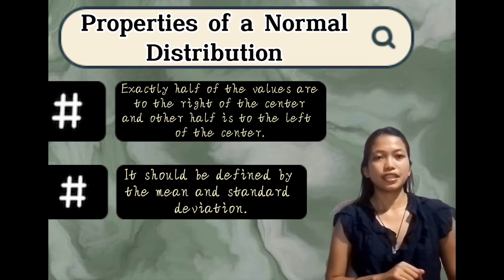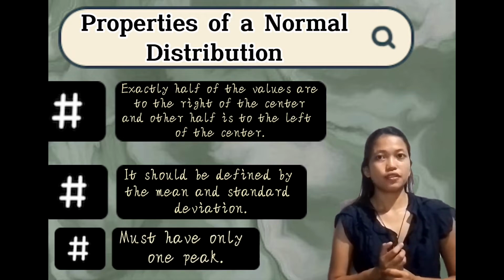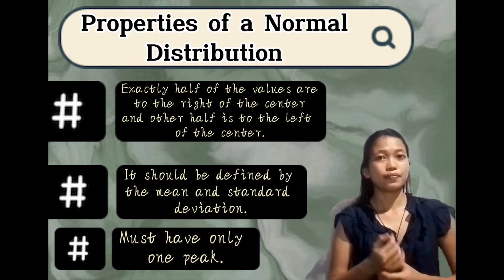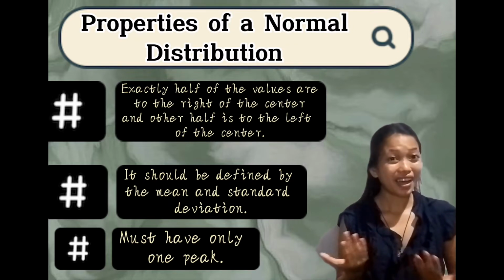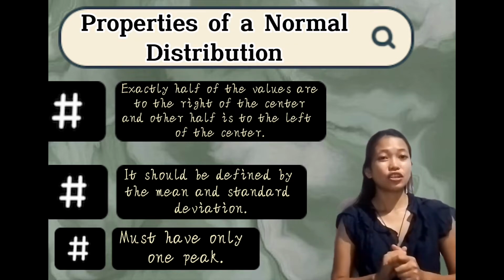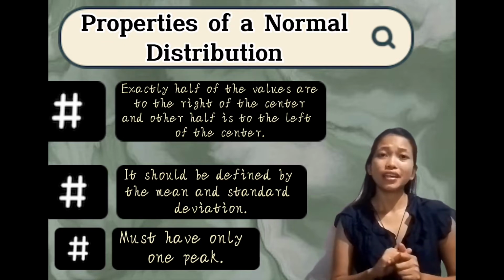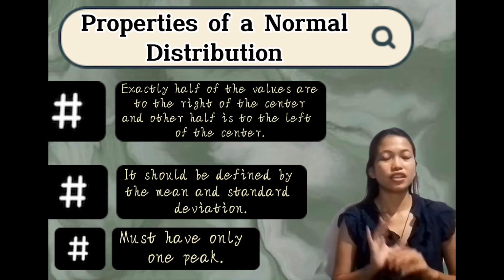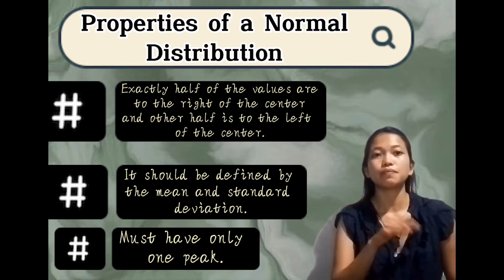The next property is the normal distribution curve must have only one peak, or unimodal. Why? Because again, the curve is symmetric. So if there are two peaks, it will not form a normal distribution graph, it will not be a bell-shaped curve.